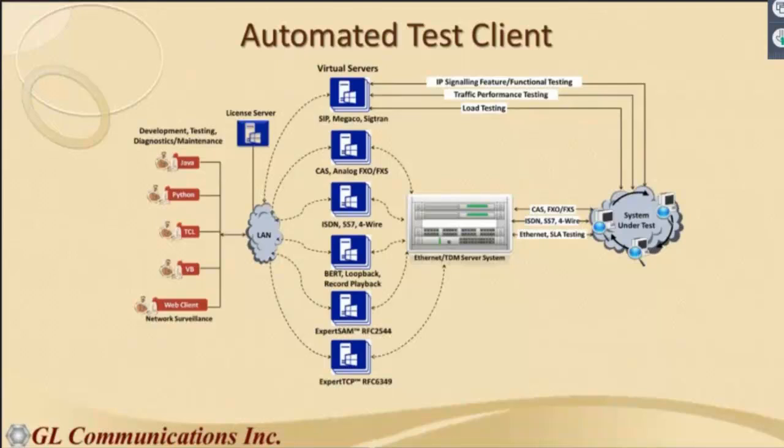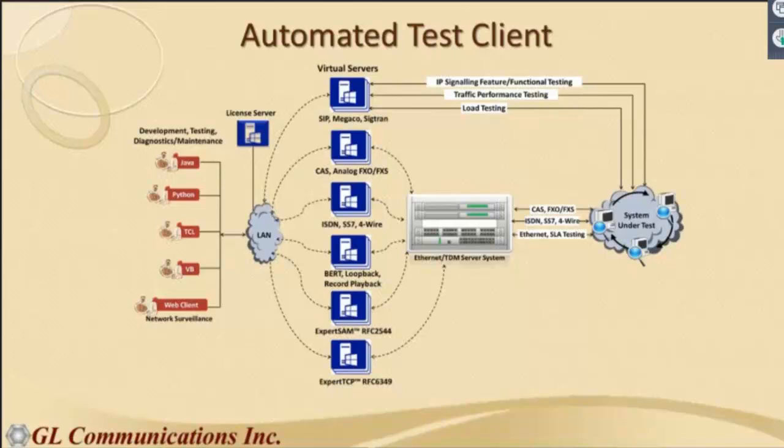Going ahead with the same concept, we are trying to depict all the different simulation tools, where we can see that it is IP signaling, whereas TDM is involved. So we have different clients from where the user will be able to do his testing on the network elements using this automated test client. We will be providing APIs from where the user will be able to design his test cases.